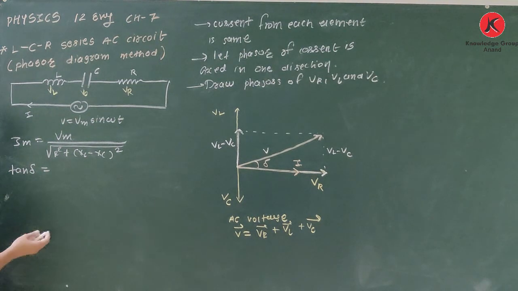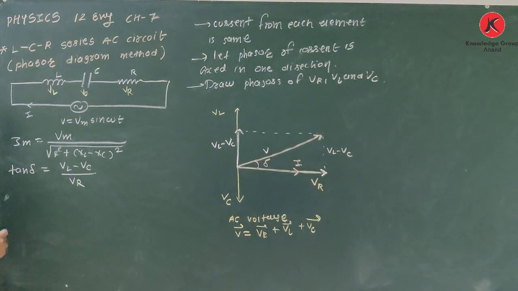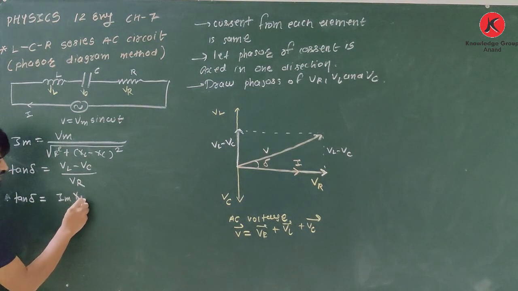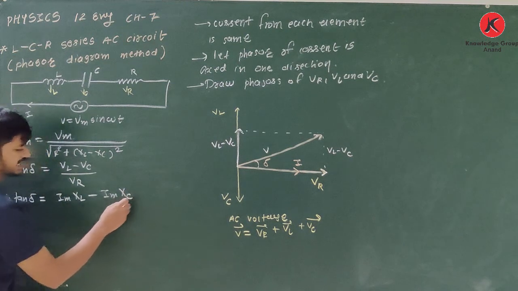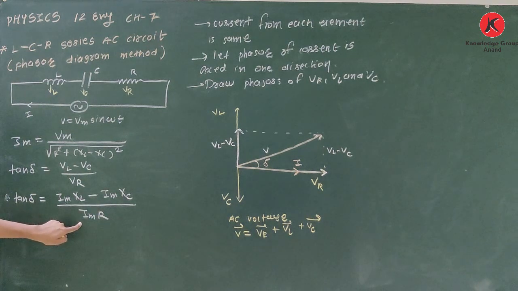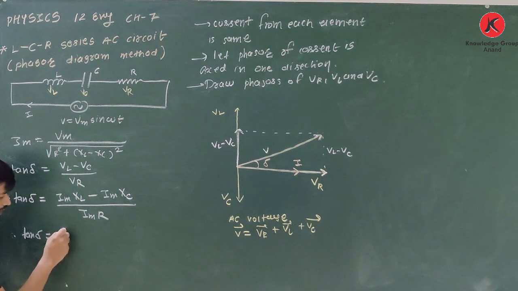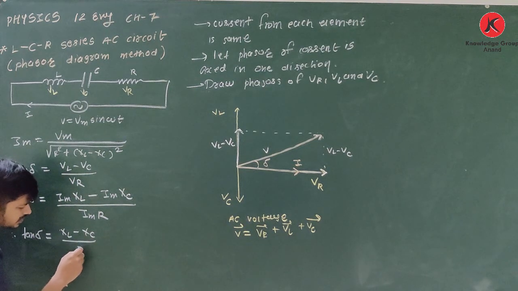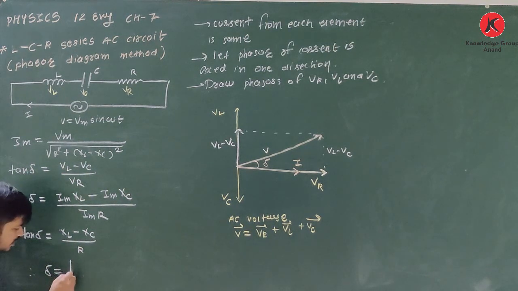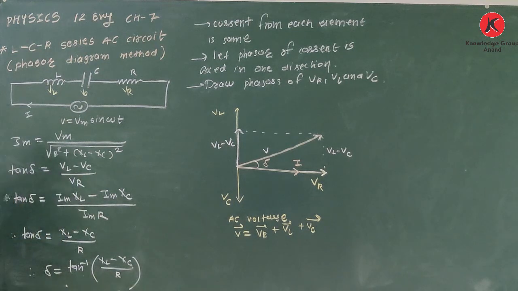From the figure, tan del is equal to VL minus VC upon VR. VL is Im XL, VC is Im XC, divided by VR, which is Im R. Im is common and cancels. So tan del is equal to XL minus XC upon R, and therefore del is equal to tan inverse of XL minus XC upon R. Clear about this?